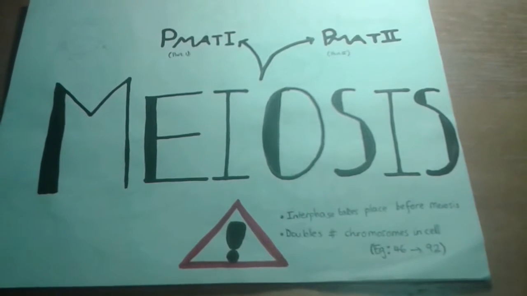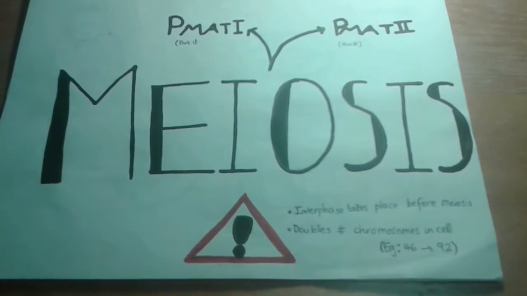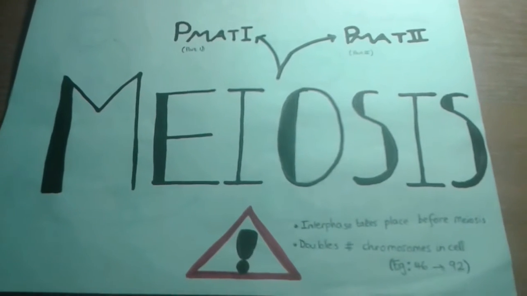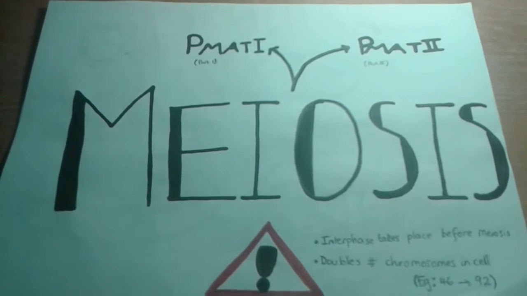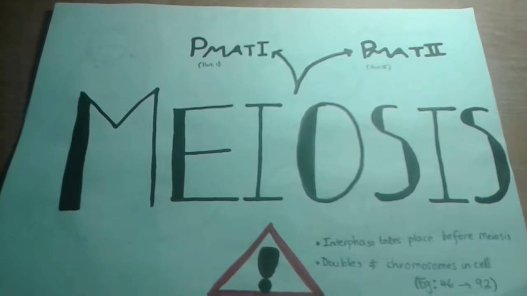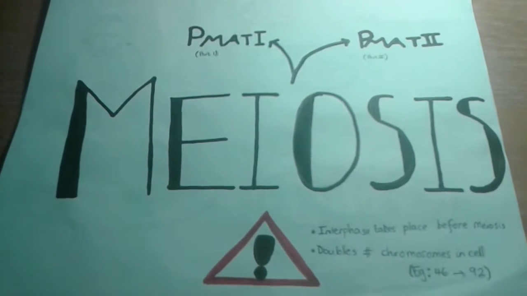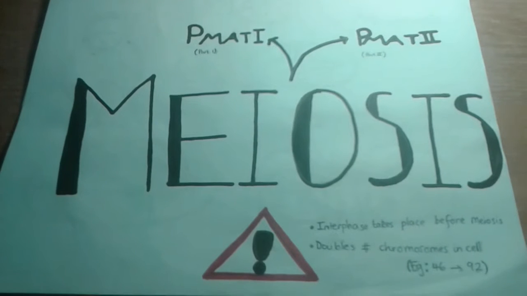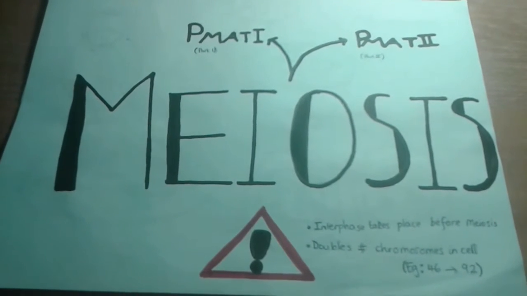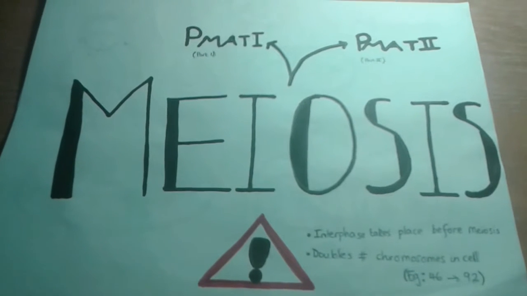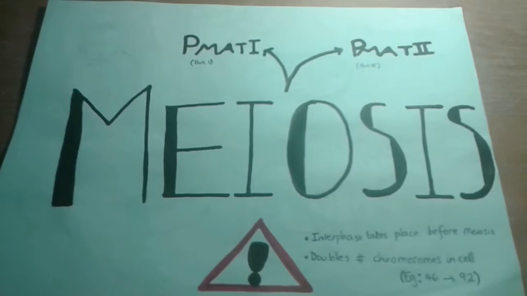By the end of interphase, you're left with a cell containing 92 chromosomes. But to make things much simpler, I'm just going to illustrate meiosis using a cell that initially starts off with 4 chromosomes. Because interphase has taken place, the number of chromosomes will double, so that you now have 8 chromosomes at the start of meiosis.